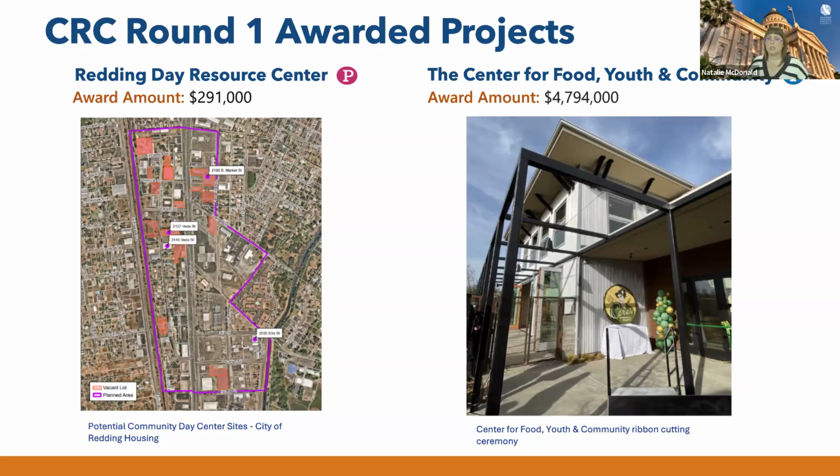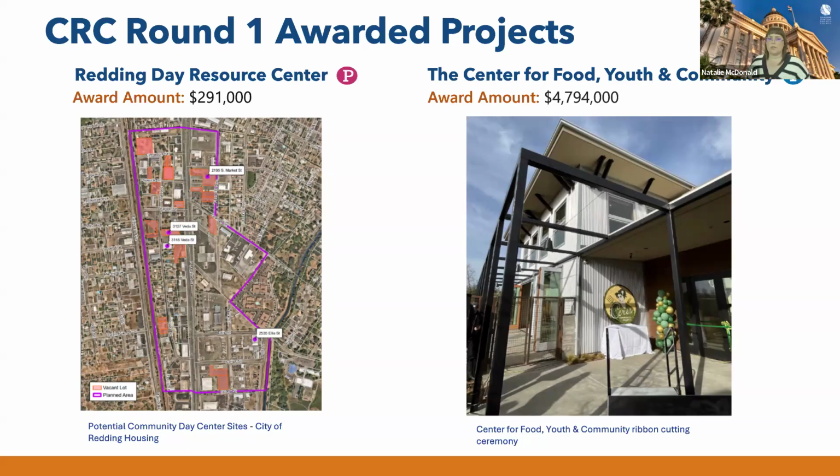In addition to program services, Reading plans to provide year-round cooling and heating, computer access and free broadband for workforce development, services like showers and laundry, and trauma-informed case management in their CRC. Additionally, the center will increase capacity during emergencies.